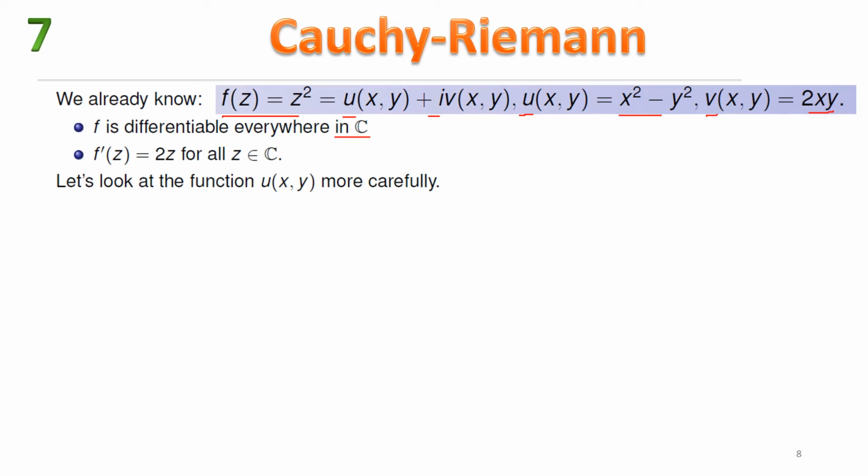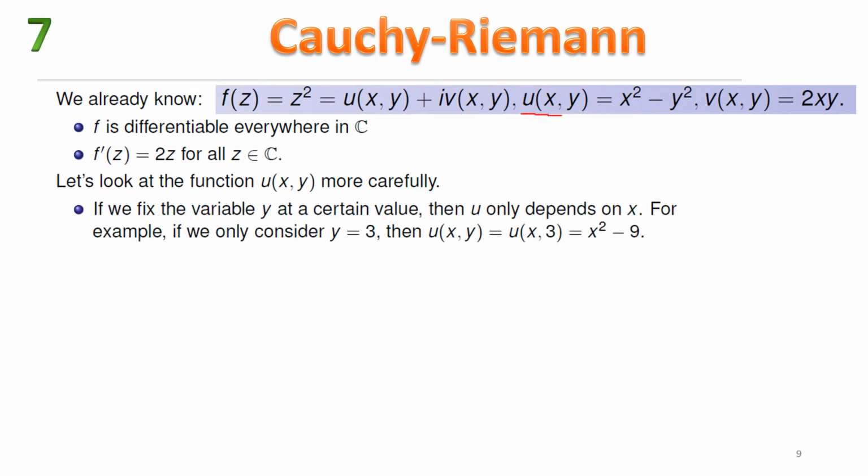We have done this in the earlier lecture, and its derivative we write as f dash z, that is equal to twice z for all z in the set of complex numbers or in the complex plane. Now let's look at this function more carefully. Let's consider u of x, y first. Now u of x, y is x squared minus y squared.